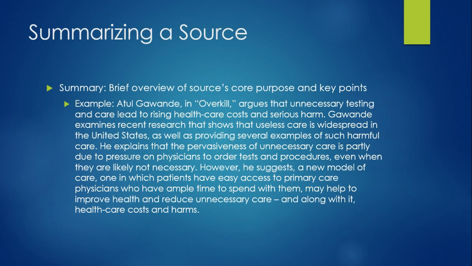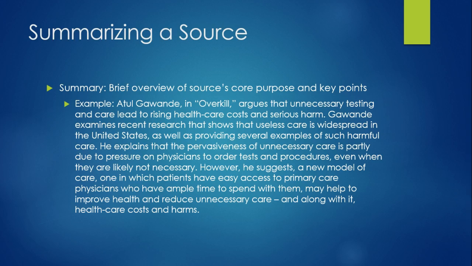Atul Gawande in Overkill argues that unnecessary testing and care lead to rising healthcare costs and serious harm. Gawande examines recent research that shows that useless care is widespread in the United States, as well as providing several examples of such harmful care. He explains that the pervasiveness of unnecessary care is partly due to pressure on physicians to order tests and procedures, even when they are likely not necessary.